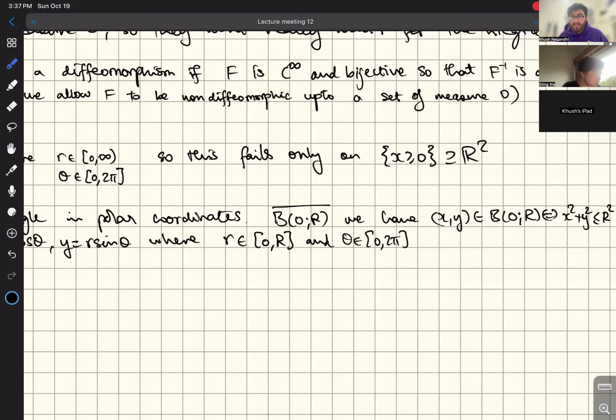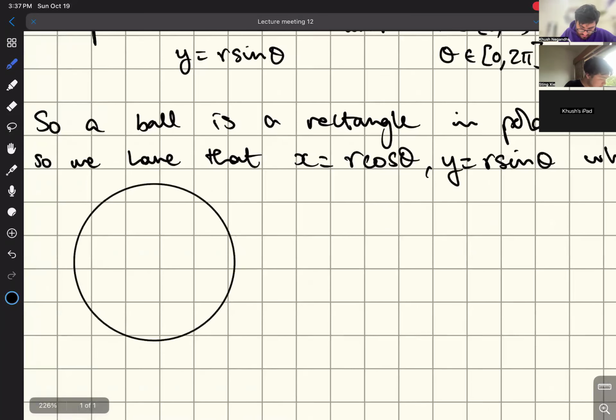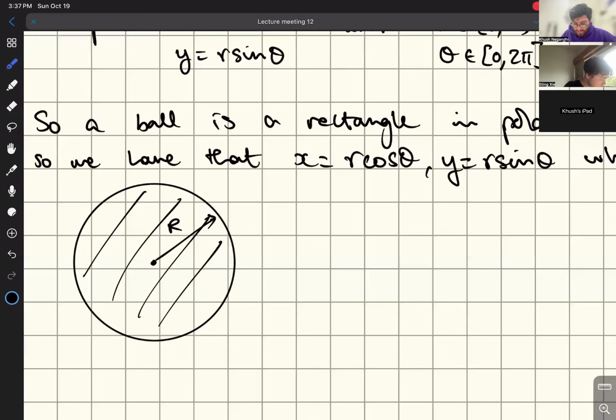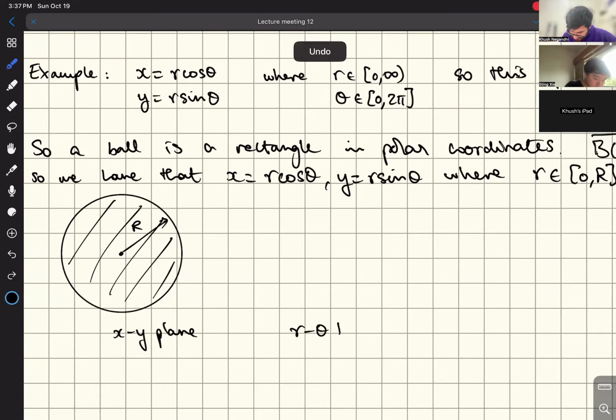So we have this ball, but now this is in the xy plane. If we move to the r theta plane, this is nothing but this rectangle.